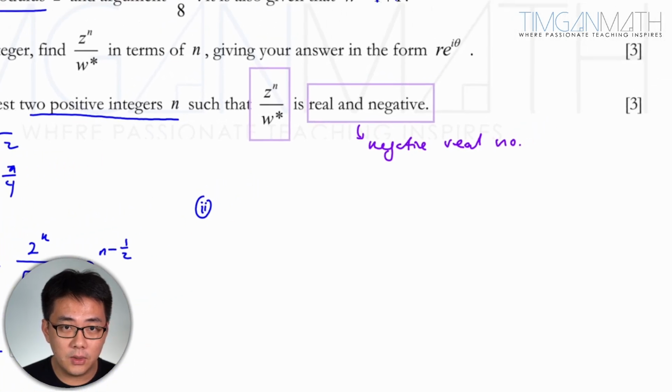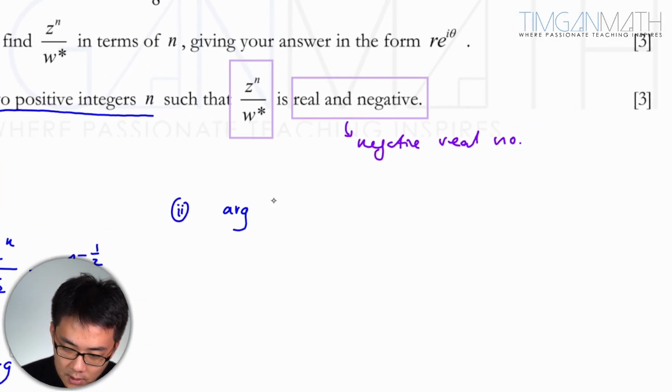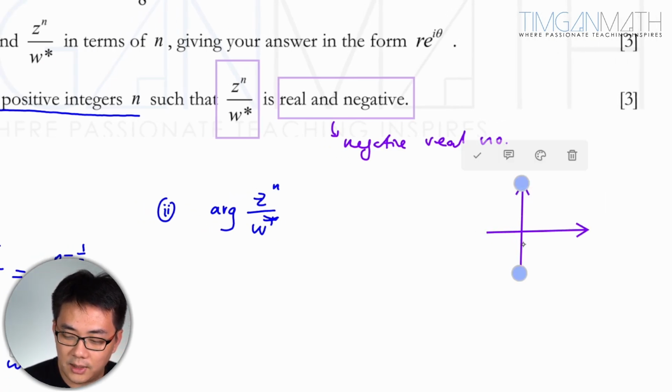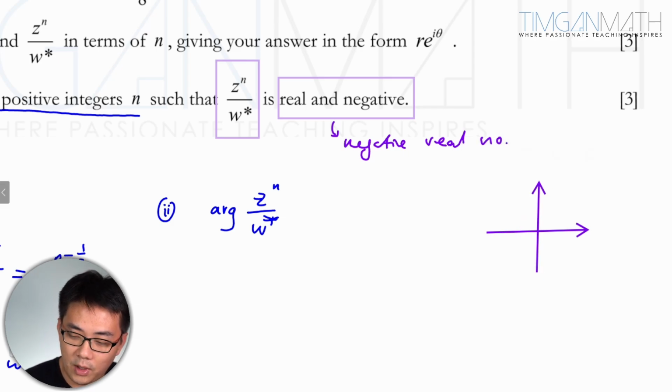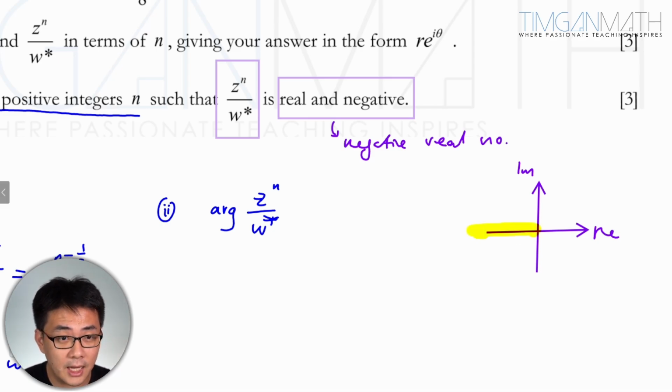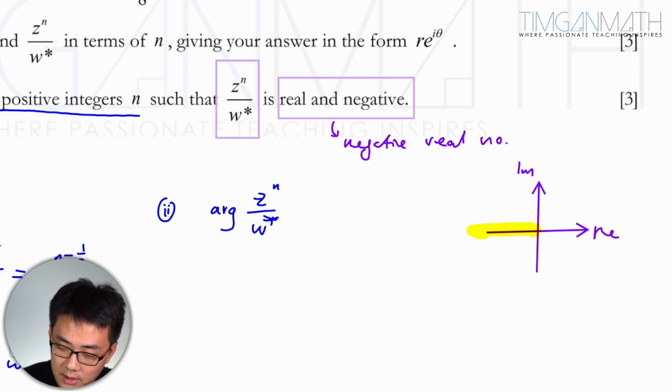So you just write down argument of Zn over W conjugate, just the general form. Okay, so this is what I'll do. I usually just draw the argument diagram here, and I just decide what I want. I just want it to be negative real. Negative real is this axis here, this side here. So this one here is actually just pi.